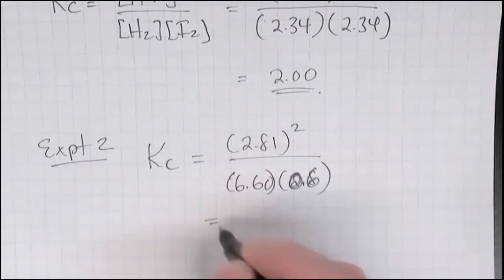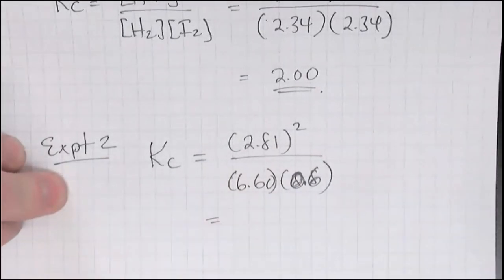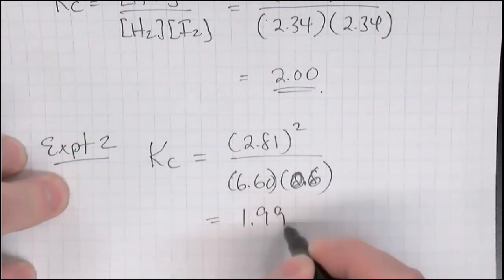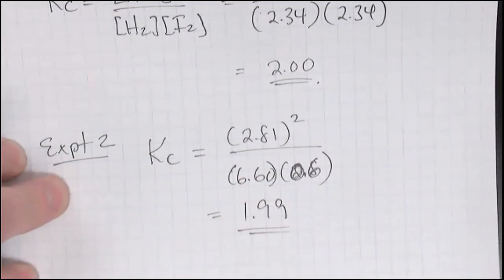And if you've grabbed your calculator, do you notice anything interesting about the answer? I get 1.99 this time, which is pretty much the same as 2.